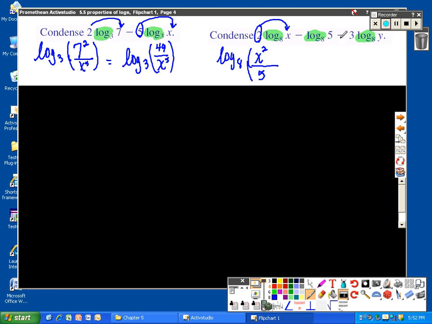Minus still means divide. Well, here's my divide bar. This is a power of y squared, or excuse me, y cubed. And nothing can be evaluated further. Log base 8 of x squared divided by 5y cubed.